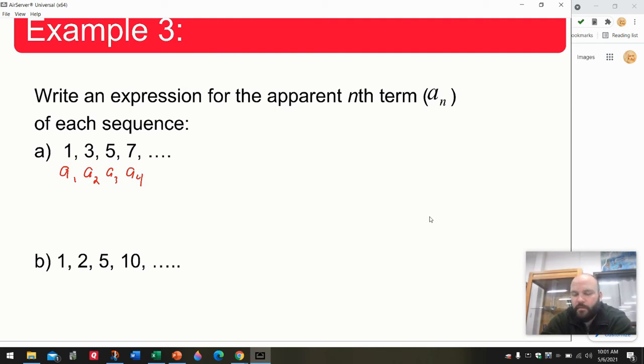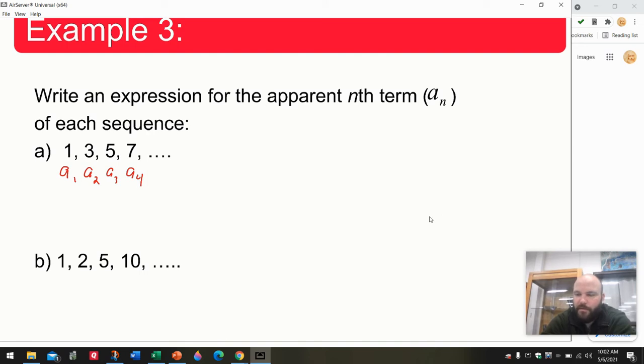What we need to do is come up with a way to define these numbers. In this first one, you can see that it starts with 1, then it goes to 3, then 5, then 7. So this one's pretty easy to figure out because we have our starting number, which in this case is 1, and then we have the value that it changes by. It is changing by 2 each time.